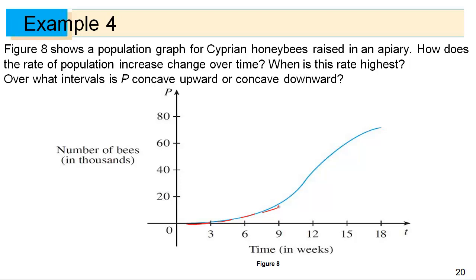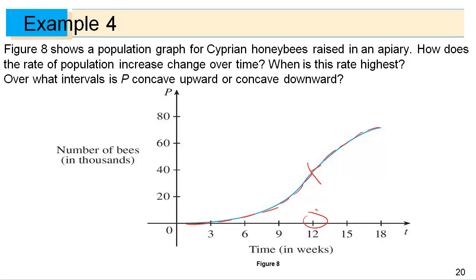We're starting to get higher and higher rates of change till we get to about here, and then all of a sudden it starts to level off and the tangents are now above the function. So concave up to about here and then concave down. So it looks like at about 12 is where it starts to change.